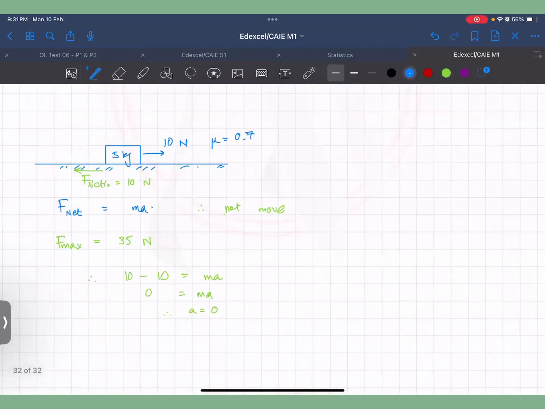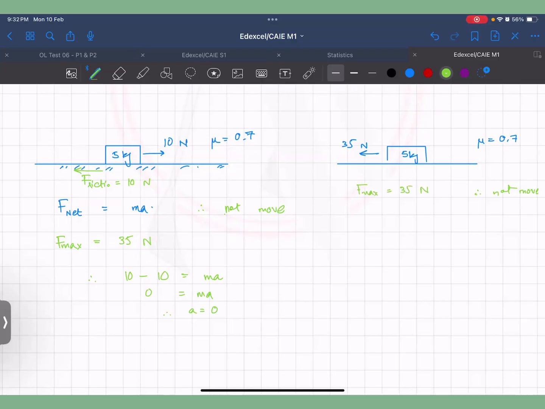Let's suppose you have the same situation and there's a force to the left side. This object is of 5 kg, and now a force of 35 Newton is being applied. It is the same situation, 0.7 mu. So in this case, again, your object would not move, because the maximum friction that can be applied, F max, was 35.